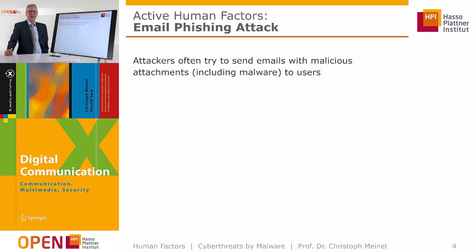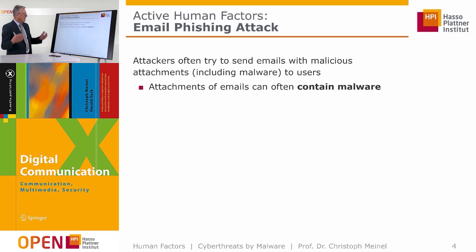So email phishing. Email phishing we already discussed. Here the attackers try to send emails with a malicious attachment. Malicious attachment means an attachment, for example, a letter or an image, and inside this letter or image, malware is hidden.